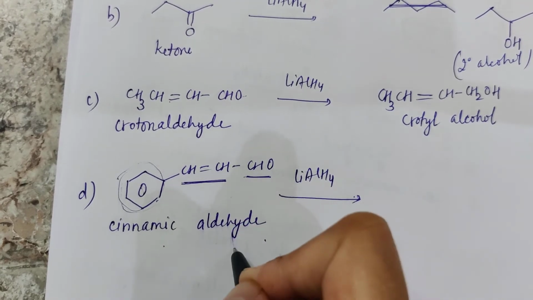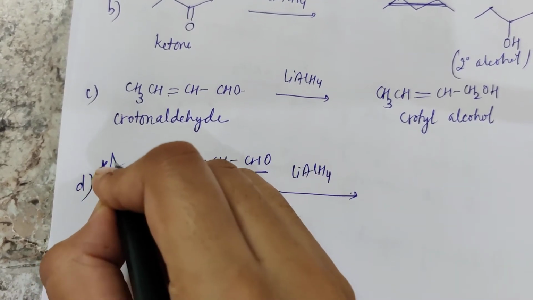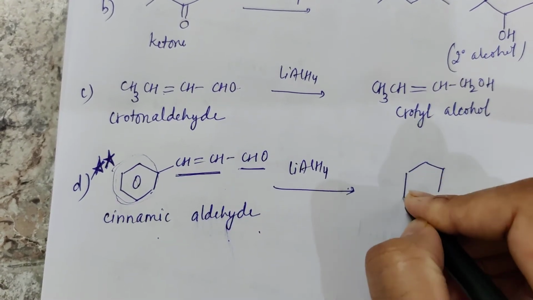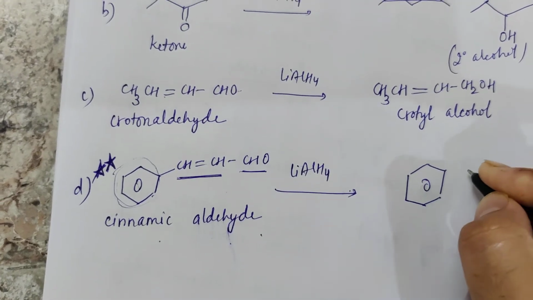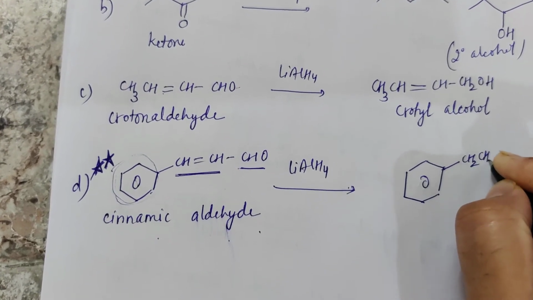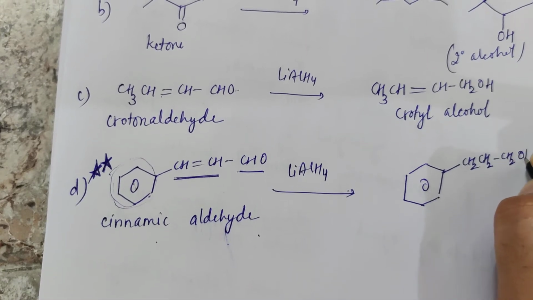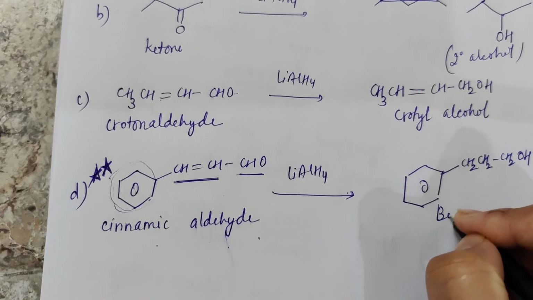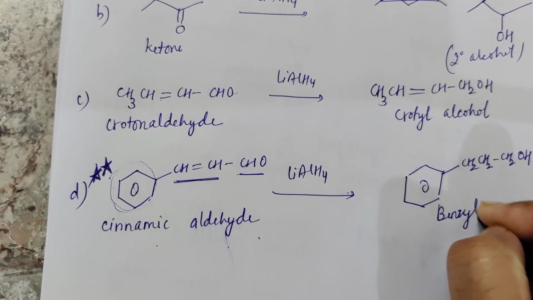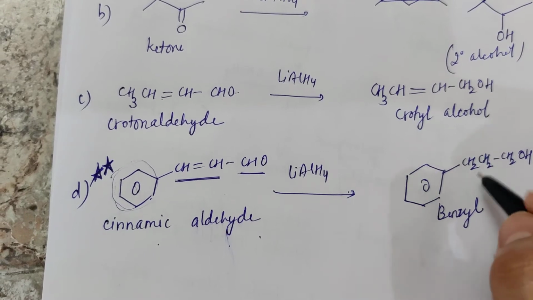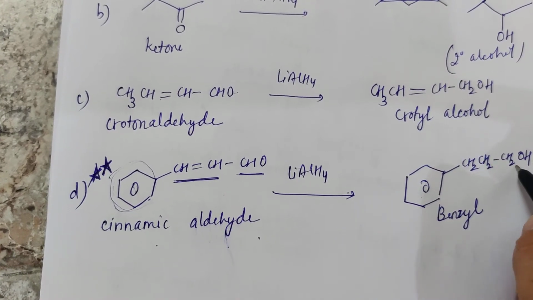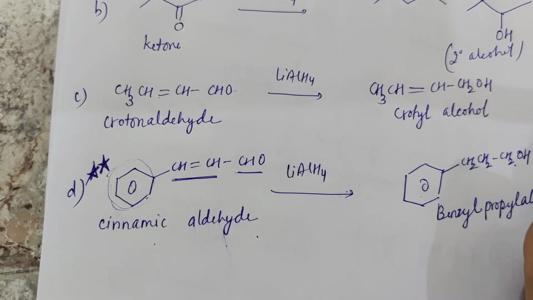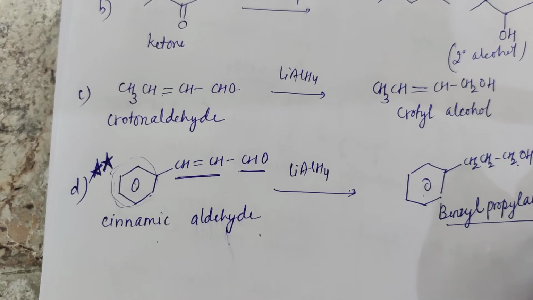In this case, the double bond also gets reduced, and the product obtained is benzyl propyl alcohol. So this is the product obtained.